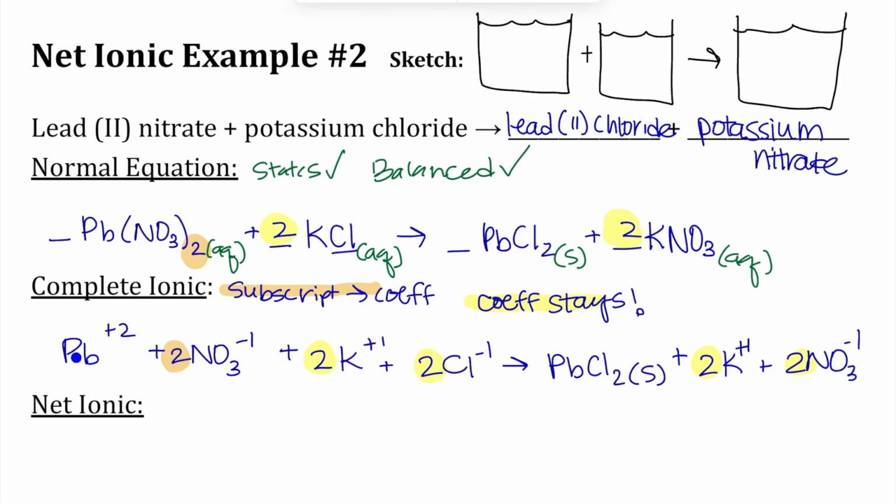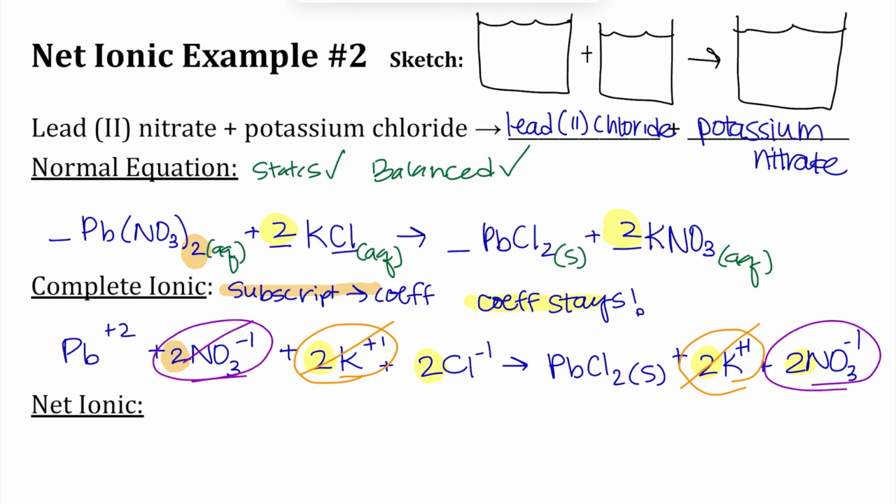So looking for what things are the same, a good indicator is, okay, my lead chloride is what is staying a solid, these other two spectator ions should cancel from my reaction. And I do. I have two K+1s on both sides, so those are going to cancel out. I have two NO3-1s on both sides, so those are going to cancel out.